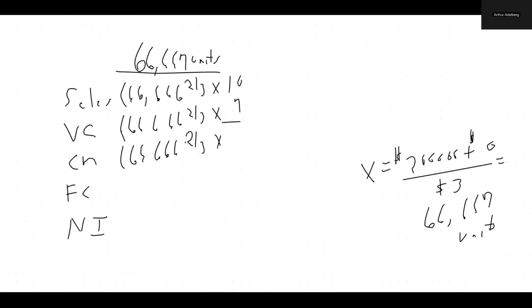All right, so now what I want you to do with your calculator is multiply 66,666 and 2/3 units times $10. Now what do you get?